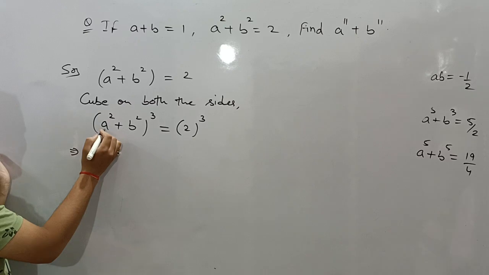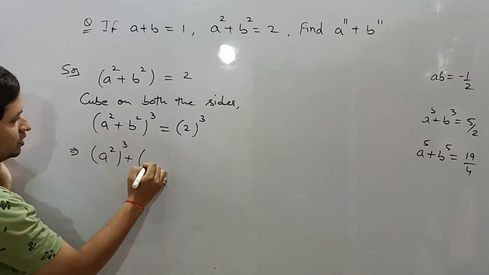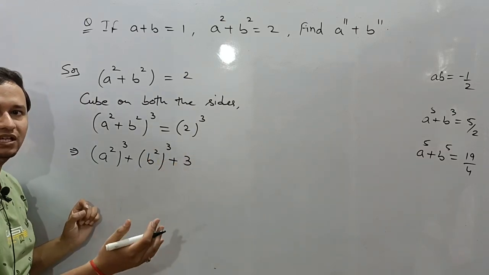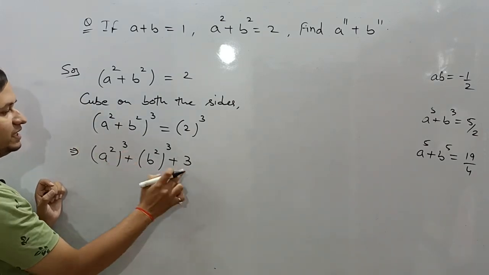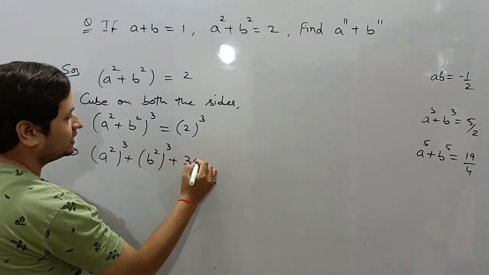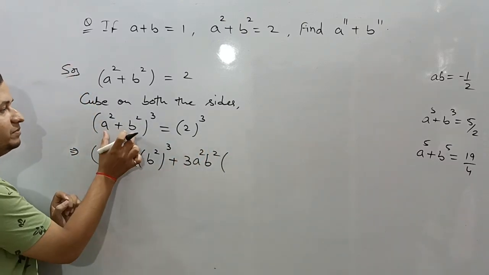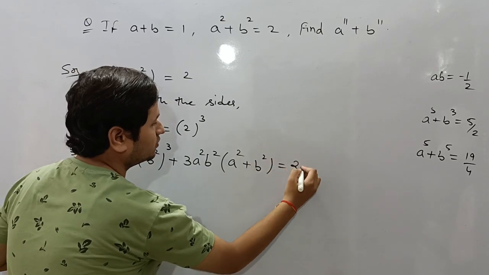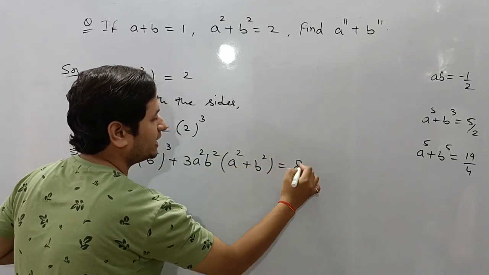So it is like (a square) cube plus (b square) cube plus 3 a square b square into (a square plus b square), and it will be 2 cube, it will be 8.